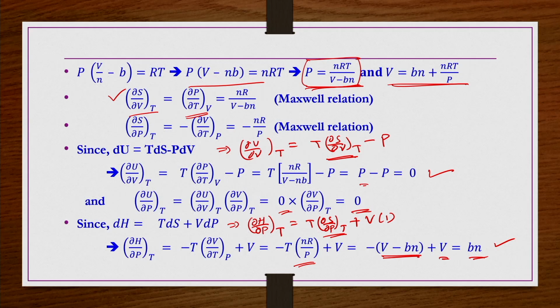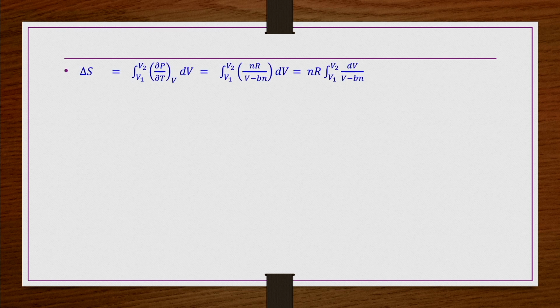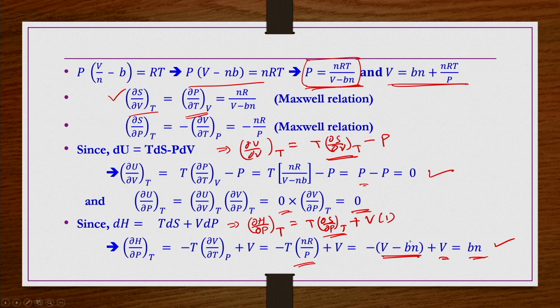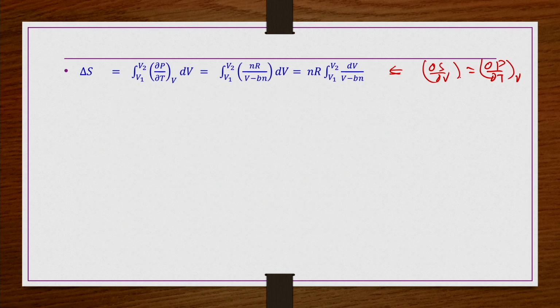From here ΔS should be nothing but the integral of ∂P/∂T dV, because we know this ∂S/∂V at constant T is nothing but ∂P/∂T at constant V from the Maxwell relations, right. So, we have simply written ∂S/∂V at constant T is nothing but ∂P/∂T at constant V. ∂P/∂T we already got as this one.